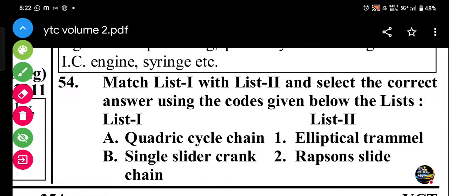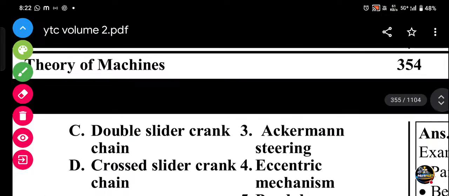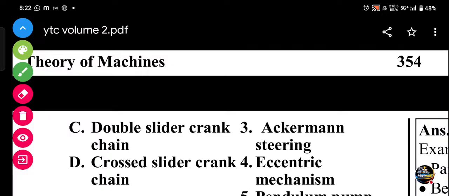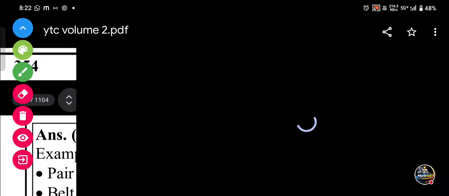Next question: match list 1 and list 2 and select the correct answer using the codes given below the lists. Quadric cycle chain, single slider crank chain, double slider crank chain, and cross slider crank chain.